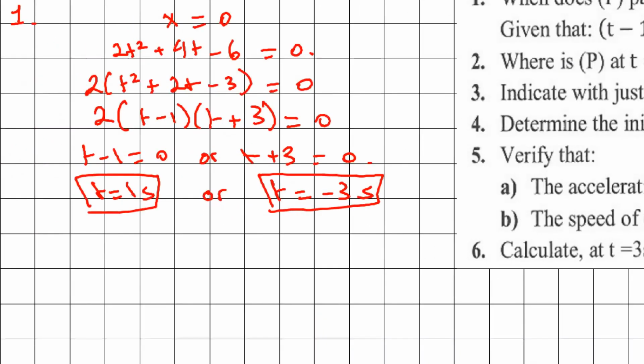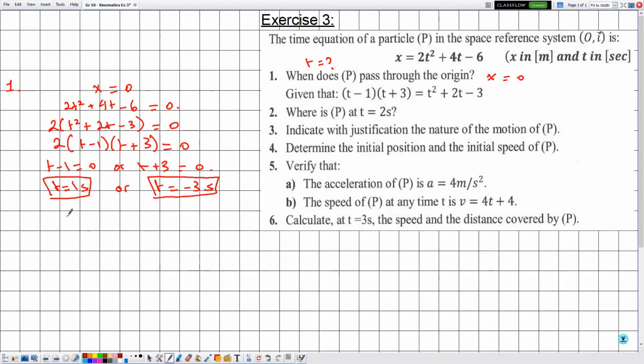But we know that time can be only positive, so this answer is accepted and this answer is rejected. Then in this case we can say when t is equal to 1 second, P passes through the origin.